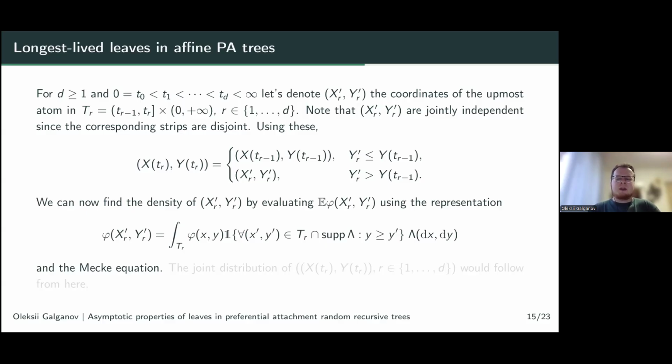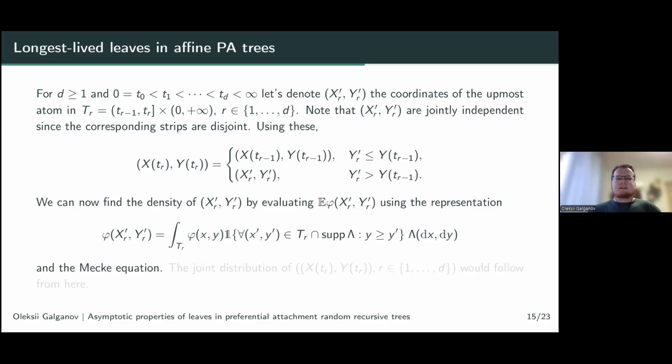If we evaluate the expectation of some function of this vector using this representation, we just integrate over the strip, and then we can use the Mecke equation, and this will give us something like the expectation of p of this random variable is equal to the integral of p times the density, and from here we will get the density of x prime and y prime.